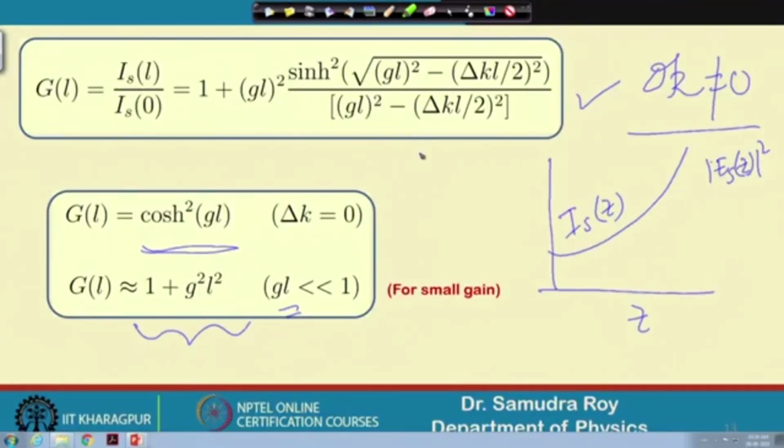If I consider gain as a ratio between two quantities, the intensity of the signal at output and the intensity of the signal at input, then I find that the gain is greater than 1, because the simplified expression shown here in the last slide is 1 plus G square L square. That means G square L square is greater than 1. So, gain greater than 1 means we have some kind of amplification, and the general expression is also shown here. So, with this note I would like to conclude.